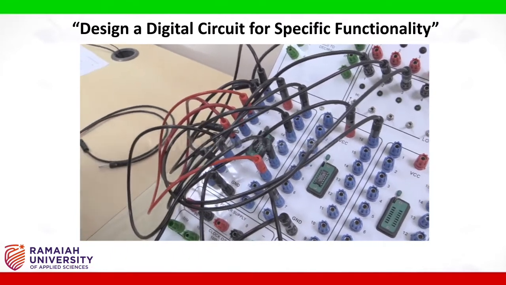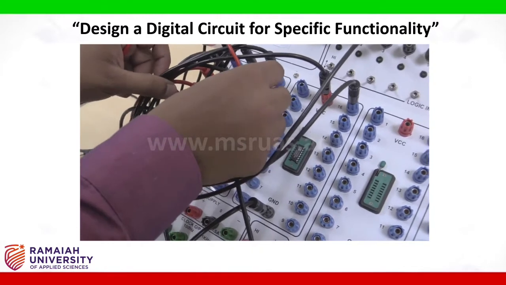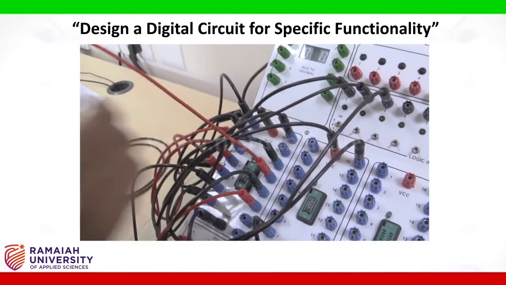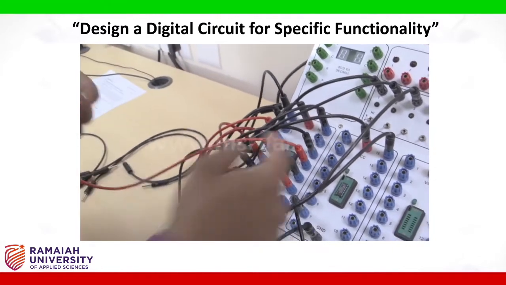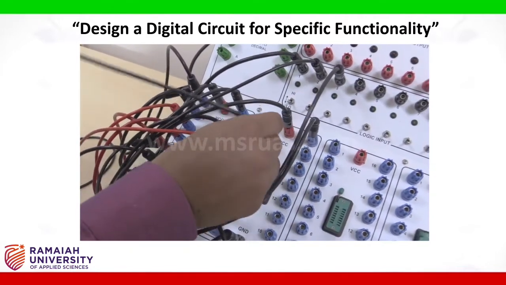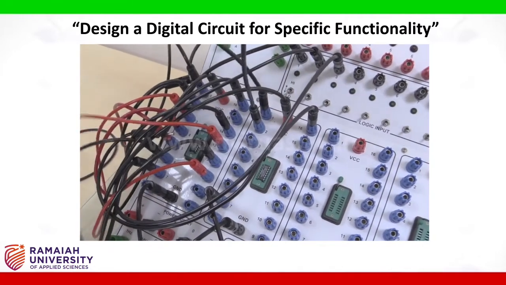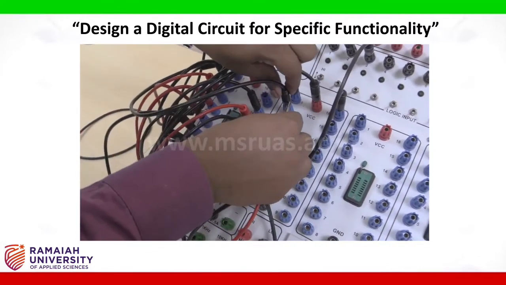Now pin number 11 of this IC is connected to 1 or 2 of the second IC. Therefore I am shorting 1 and 2. I am connecting here.